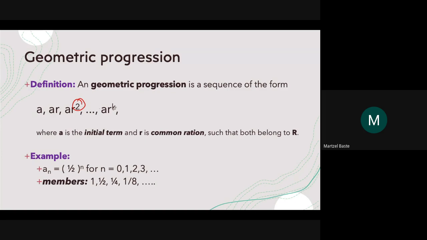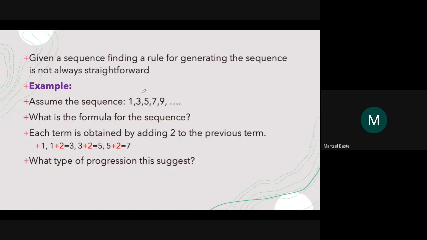Like k, actually, it is equivalent to n, or n is equal to k. Pareha lang na siya, it doesn't matter. So yeah, that's it. And then let's have an example here.